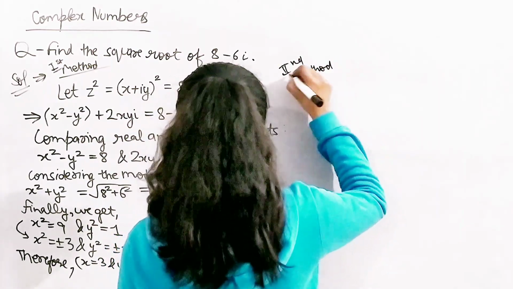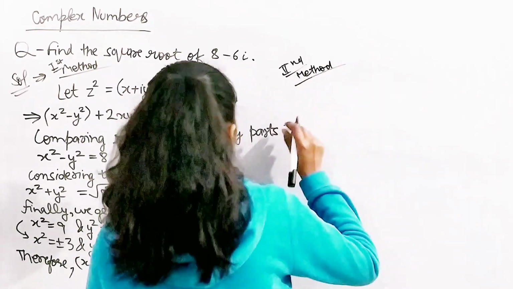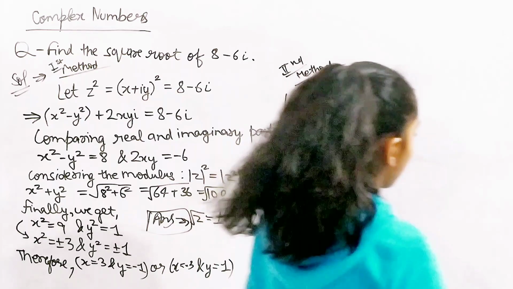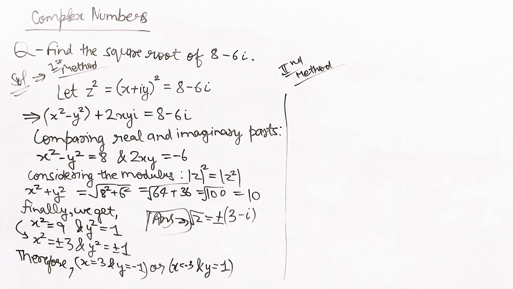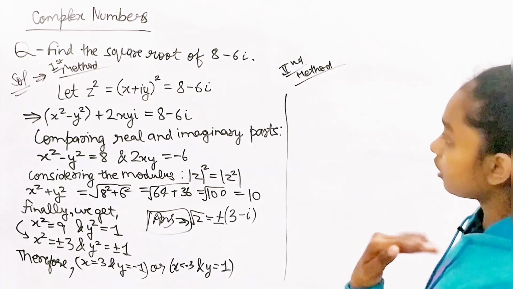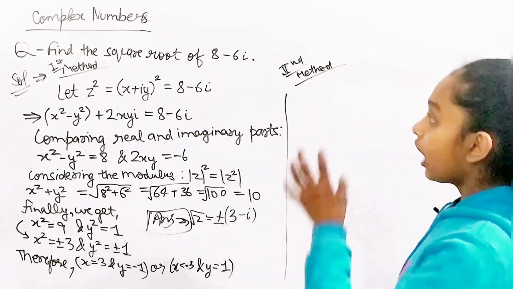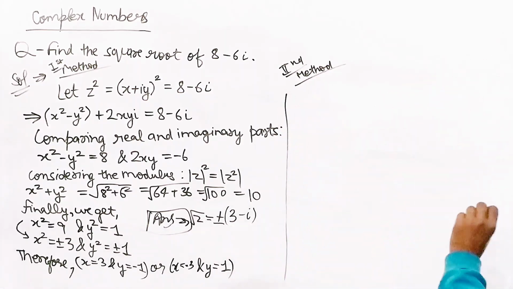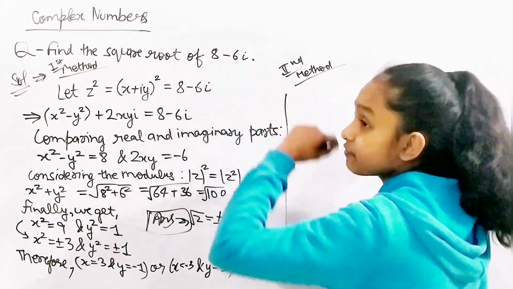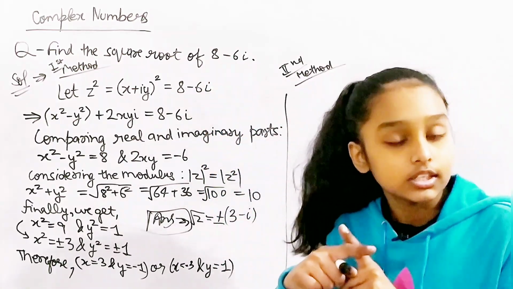The second method that we're doing here is, okay, I've just made a lot of space here. To find the square root of 8, let's take a little bit of a twist. What if I say that at the place of negative we have plus?